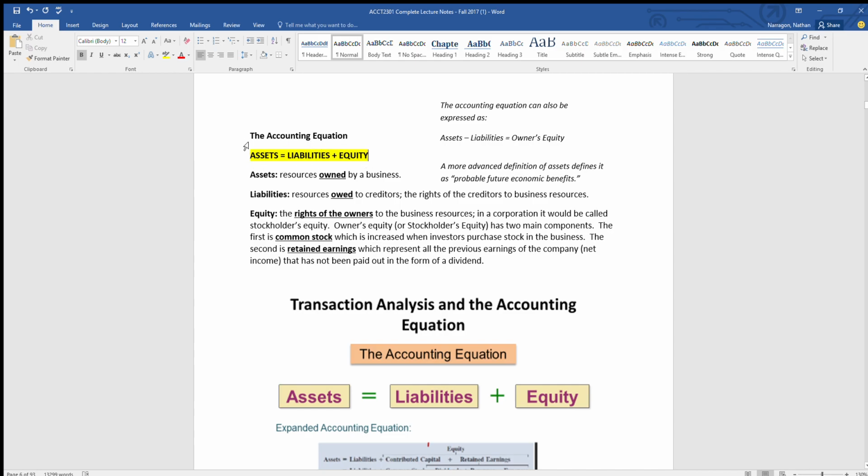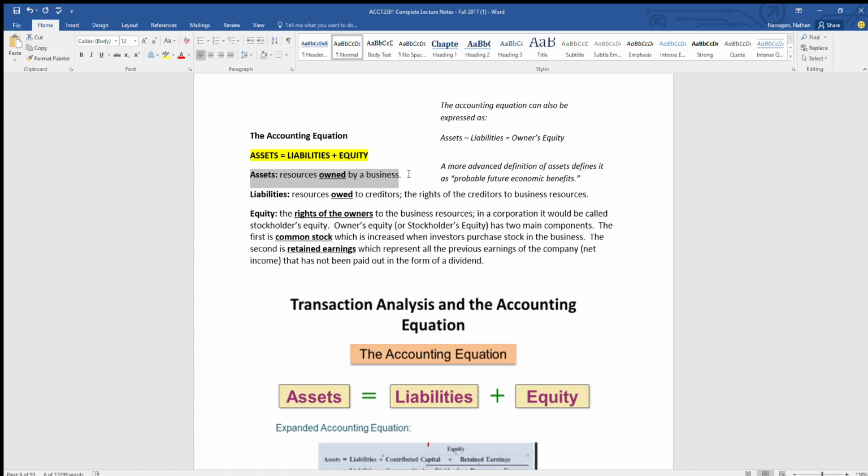Now, big things. What are these three? Okay, first one, assets. Assets are resources owned by the business. Now, what is owned? Well, first off, do we have ownership of that item? Cash. Do we own that item? Yeah, we own it until we pay something and somebody else takes the ownership.